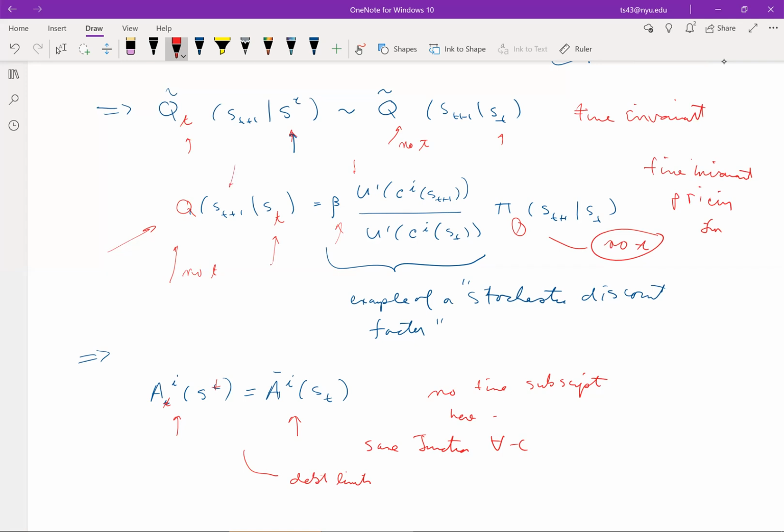Okay, so similar logic is going to imply that we don't need a t for the A's. What are the A's? These are borrowing limits. These are Markov state by Markov state borrowing limits, and we need those.